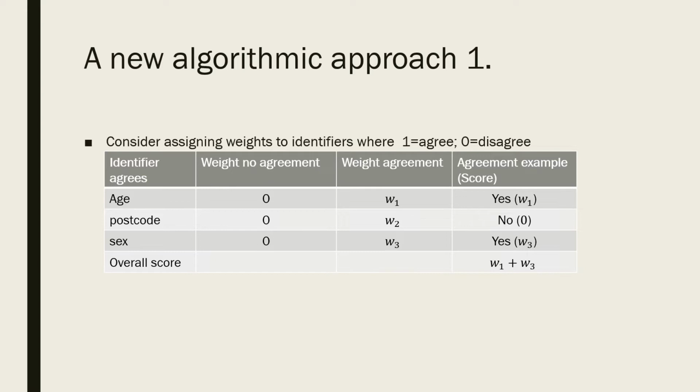And where they disagree on everything, so zeros everywhere, then that's a non-match. So you can fix the ends of this scale. For a pair with an overall score of W1 plus W2 plus W3, you would fix that, let's say, to be 1, representing complete agreement, and for a pair where everything disagrees, you'd fix that as 0.